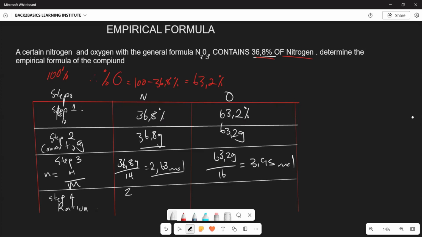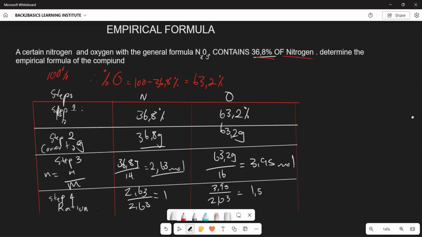So you're going to say 2.63 over 2.63, and you are going to get the ratio of 1. Then on this side, it's going to be 3.95 divided by 2.63, right? And you'll realize that what you are getting on this side is 1.5, right?